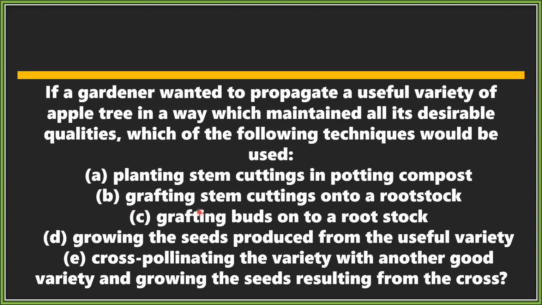B. Grafting stem cuttings onto a rootstock. C. Grafting buds onto a rootstock. D. Growing the seeds produced from the useful variety. E. Cross-pollinating the variety with another good variety and growing the seeds resulting from the cross.